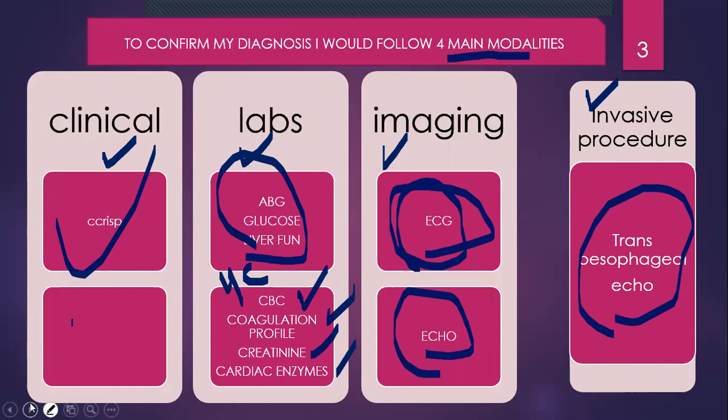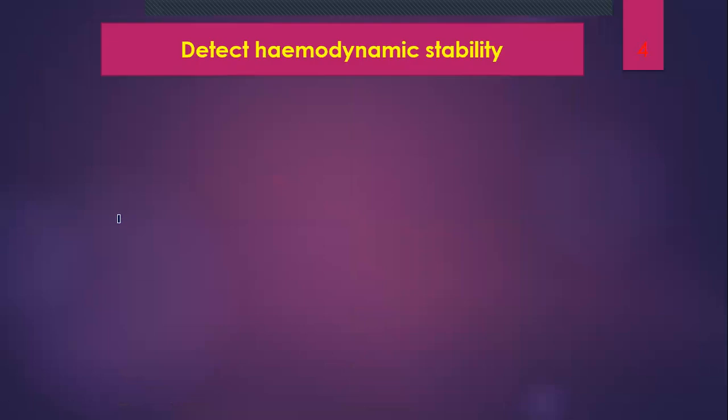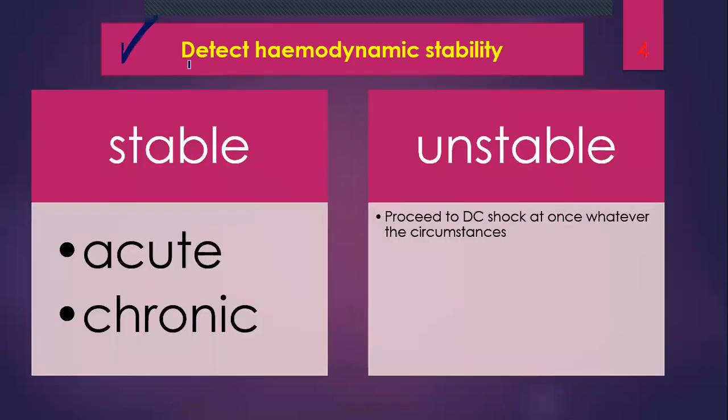I hope it's more clear now. Next. Then you will classify the patients into two subtypes to detect the hemodynamic stability. In very simple words, what does this mean? Hemodynamically stable and unstable. Hemodynamically unstable means shock.